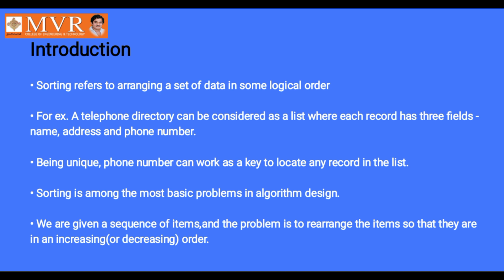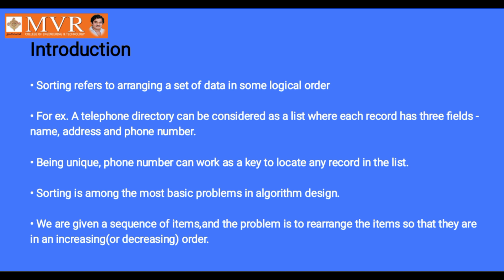Sorting is among the most basic problems in algorithm design. Sorting is very important in computer science for designing any sort of algorithms. And also for this you can consider the example of the telephone directory. A telephone directory maintains the data about the name of a person, address and his phone number, and these will be maintained in alphabetical order.